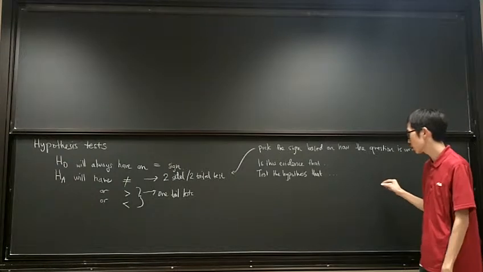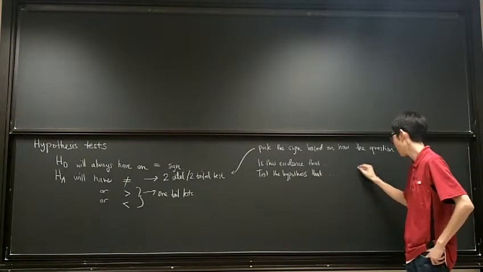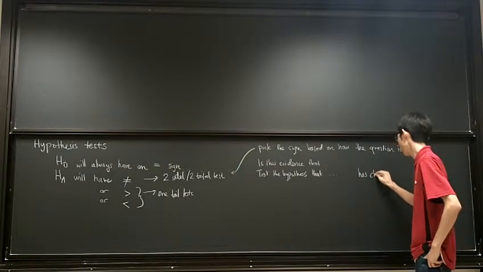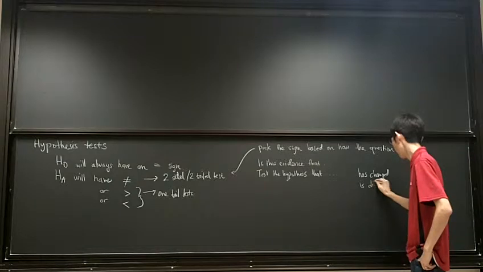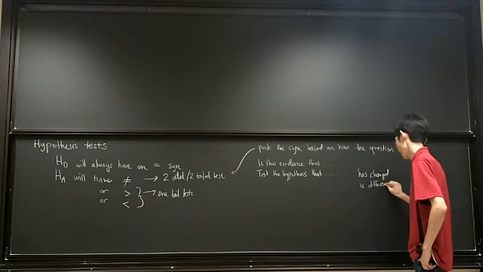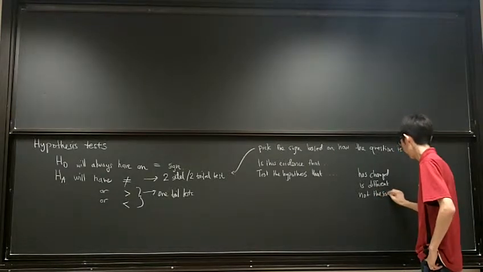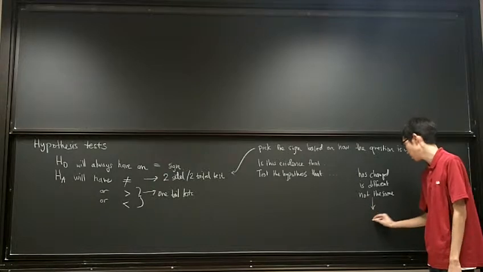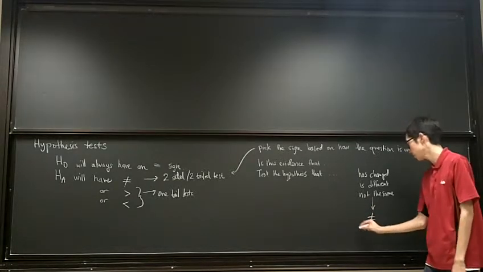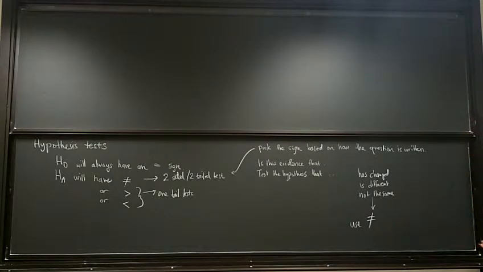And then somewhere along the way, okay, if you see words like has changed, is different, not the same, something like that, generally these mean you're going to use a not equal sign. Okay.